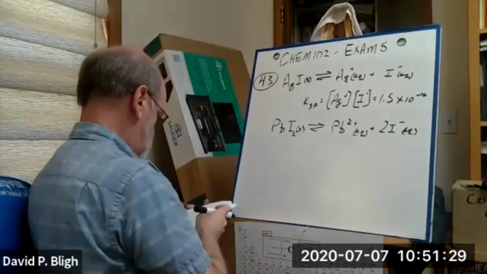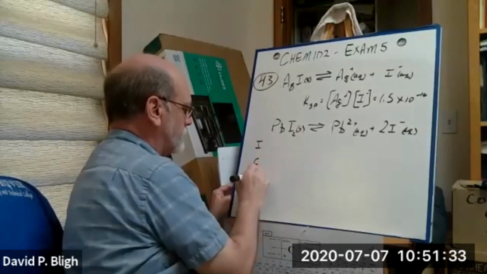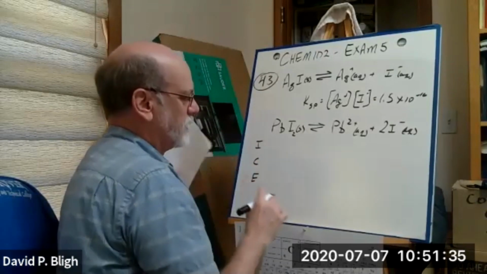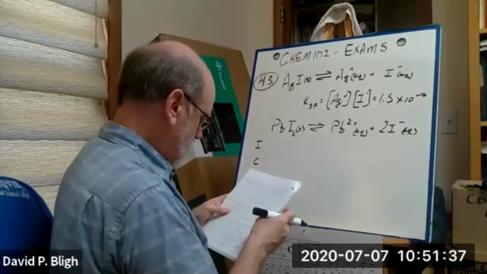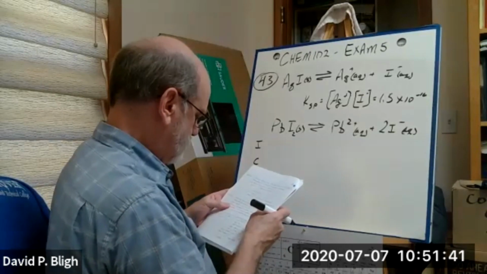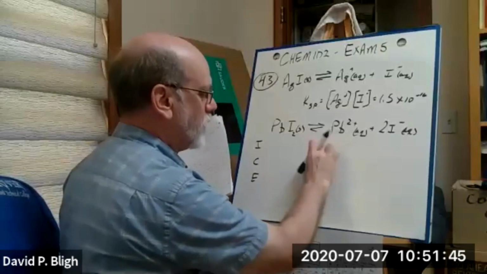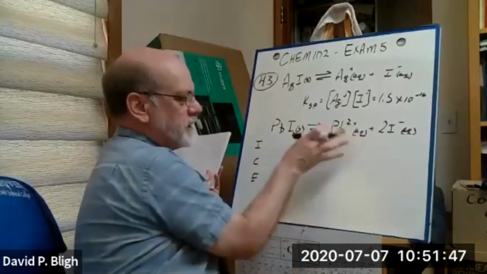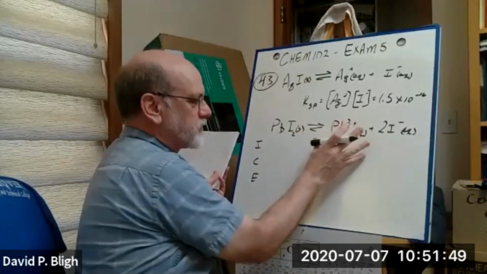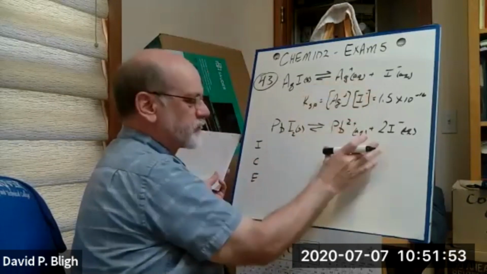Okay. So we need our ice table, and we need to know the starting point. The initial values are what we're going to draw, because we don't want this reaction to take place, but we have to know what is the starting point.